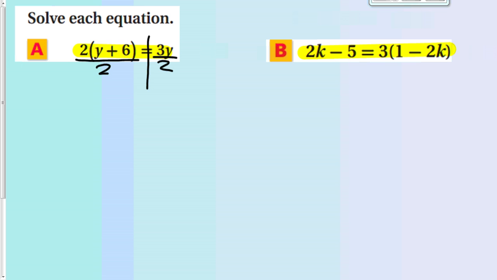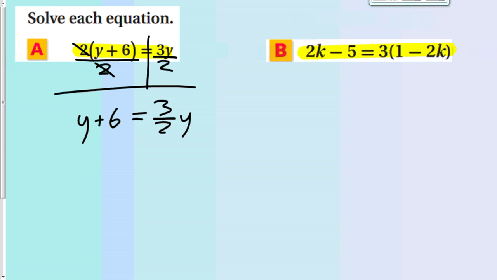And 2 divided by 2, you're left with y plus 6, which equals 3 over 2y, 3 halves y or 1.5y, whatever you want to think of. And then you take this. Some of you are going to avoid this one because it adds some fraction to it, but you'd want to subtract y on both sides.